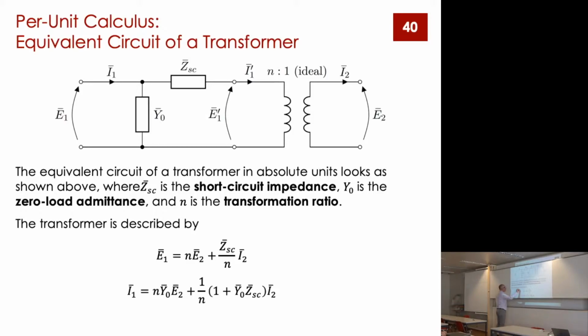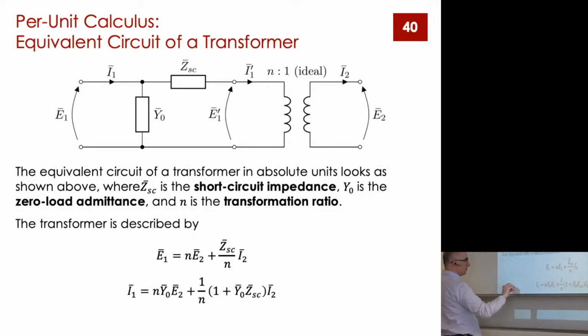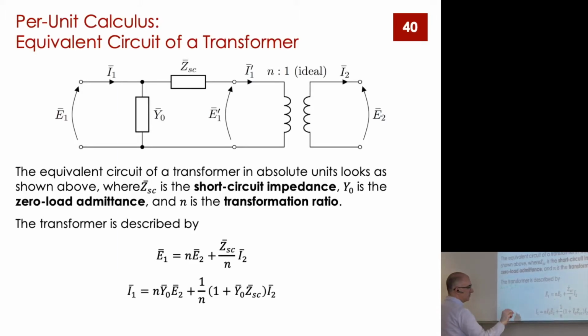But Y0 times E1 can be written as Y0 times n E2 plus ZSC over n times I2, and I1 prime I can write as I2 divided by n. By refactorizing this, I get this equation.